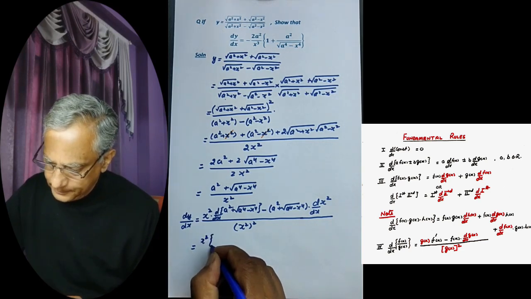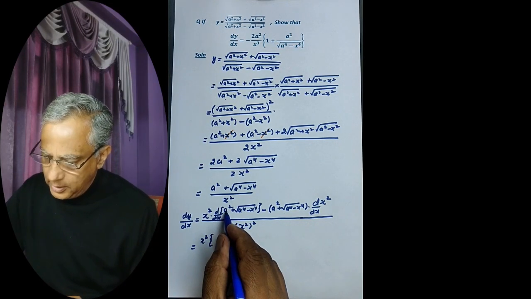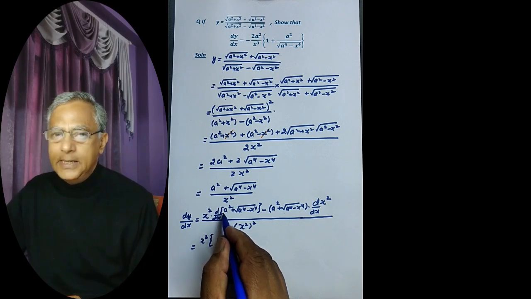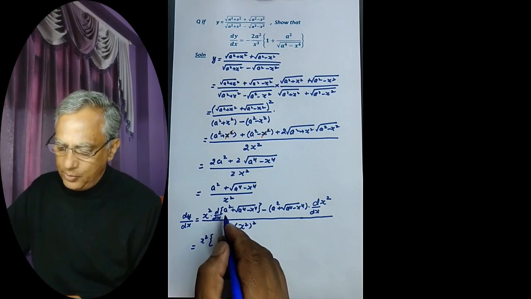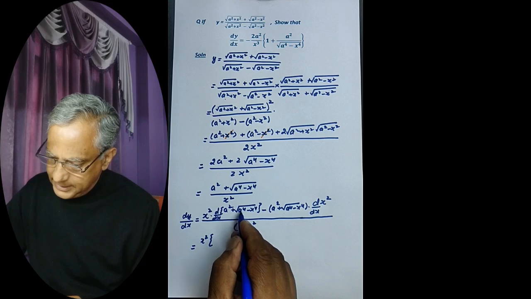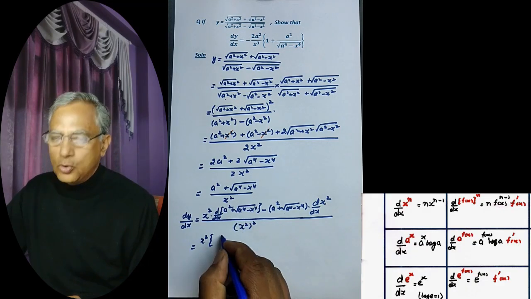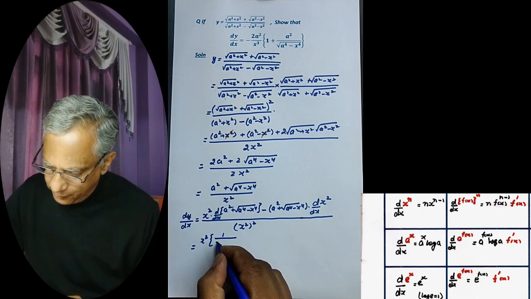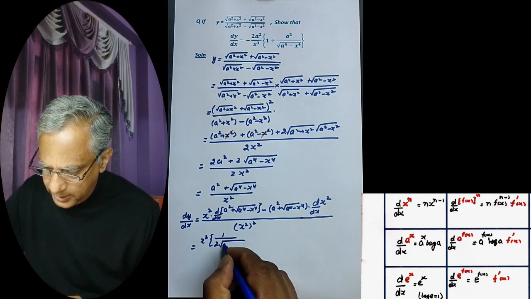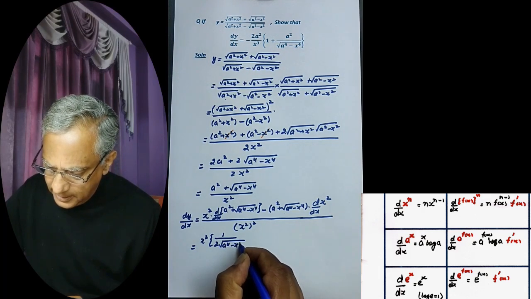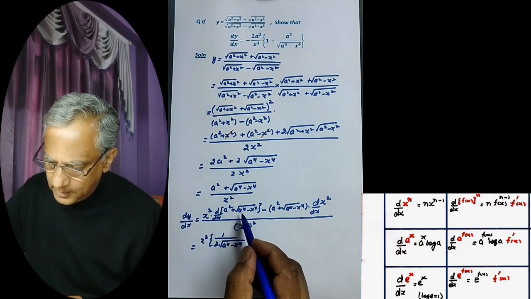x² into differentiation of a². a is constant, so differentiation will be 0. This is 0 and this is (a^4 - x^4) to the power of half. So this will be 1 by 2 into under root of a^4 - x^4.